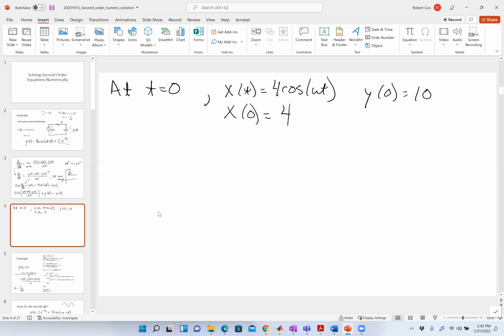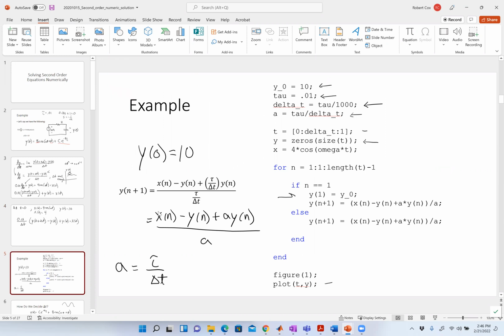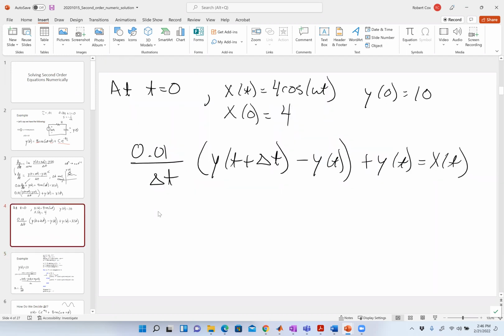So I had this expression here, 0.01 over delta t times y of t plus delta t minus y of t plus y of t equals x of t. What we showed last time is I can rearrange that whole thing to basically become y of t plus delta t equals... I called that number a, right?